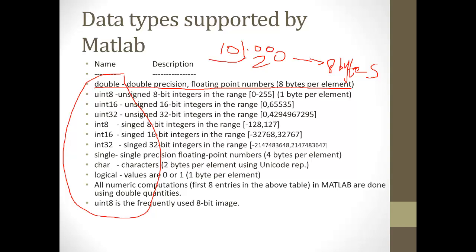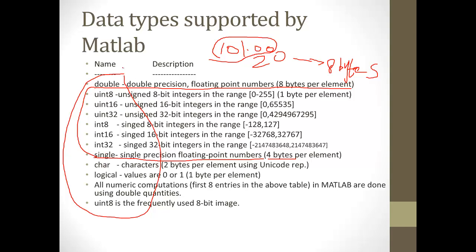Okay, that's a fractional number. That's double. Also, we have single precision. Single precision saves the element in 4 bytes, not 8 bytes. So double is more accurate than single. But both of these can be used to represent fractional numbers.